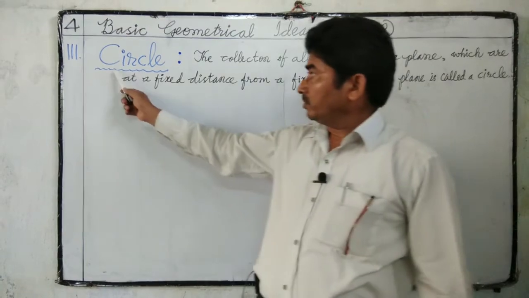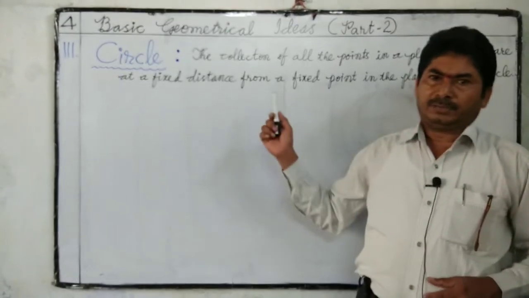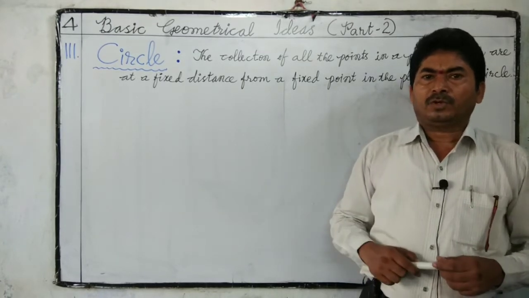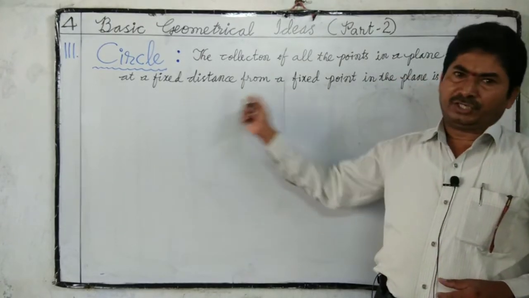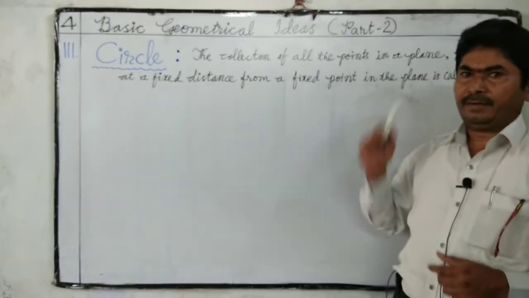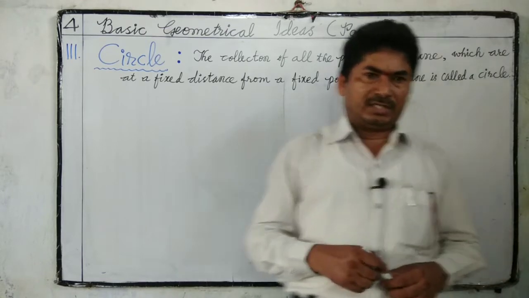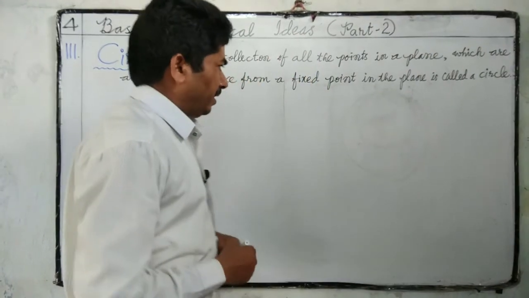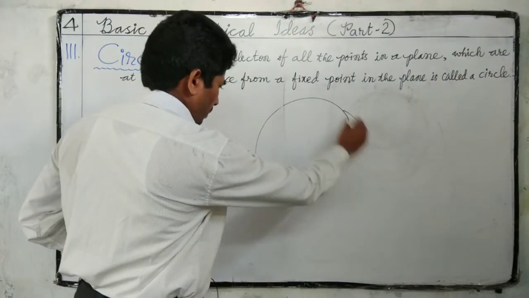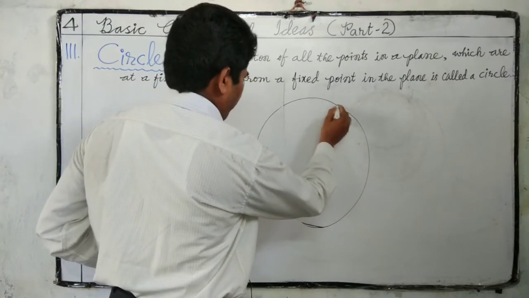Next, circle. The collection of all the points in a plane which are at a fixed distance from a fixed point in the plane is called a circle. To understand this, let us draw a figure. This is a circle.